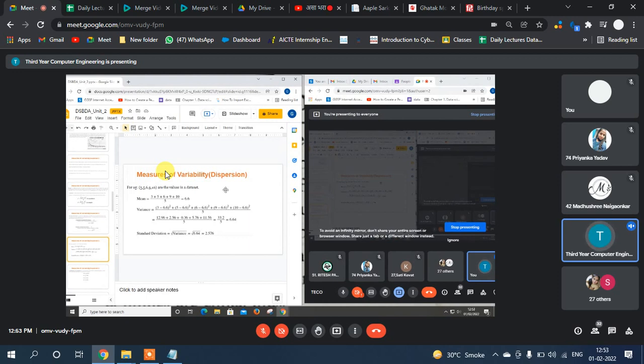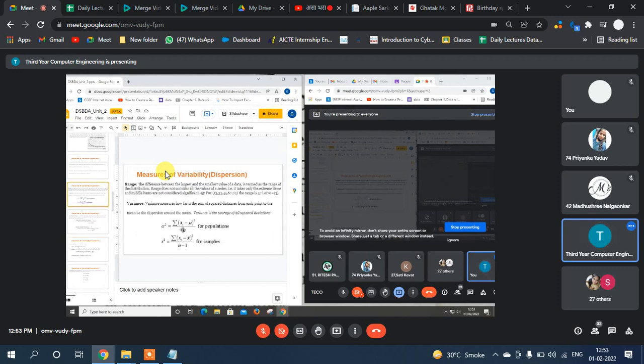So when we calculate the variance, now see the formula of variance and how we calculate. Suppose these are the two formulas. Either I am going for the population or for the sample. Here I am going for the population. So (xi minus mu) whole square, summed, divided by n. One by one, for every record in the data set, we have to find the variance.